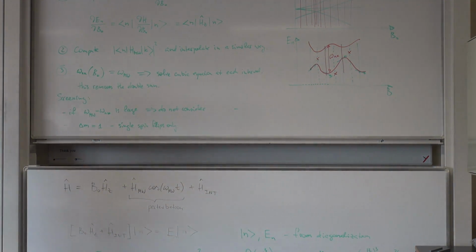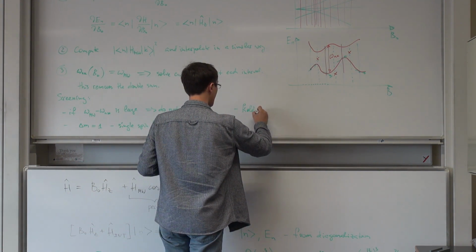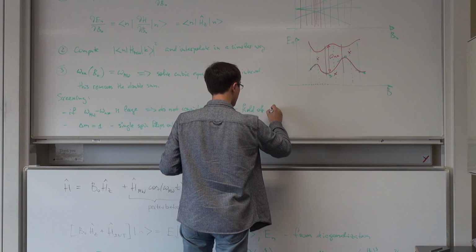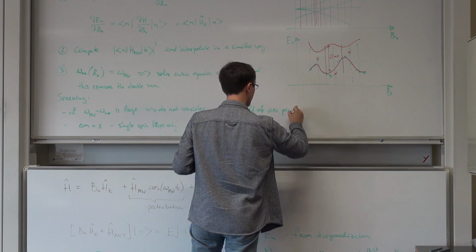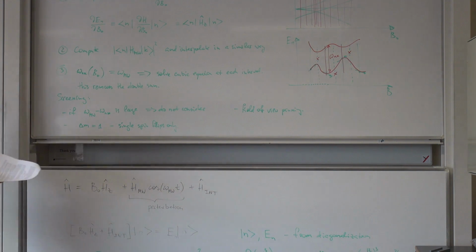And if the microwave frequency is spot in the middle of that range, or at some particular interval, most of the transitions would have the energy differences far outside what's realistically going to be hit by that particular field sweep. So, field of view pruning. Maybe another order of magnitude or so.